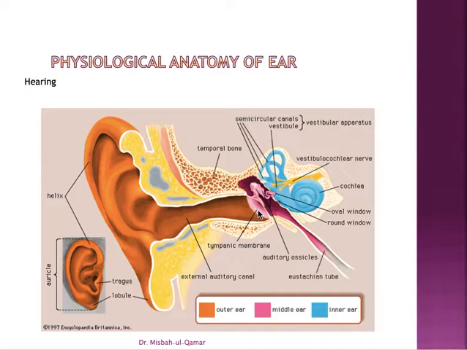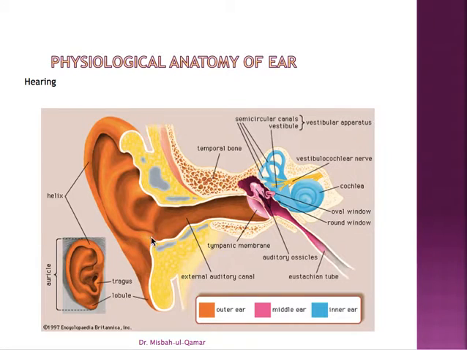And then comes this orange or mustard color, and that is the external ear, which consists of the external auditory canal and the auricle.